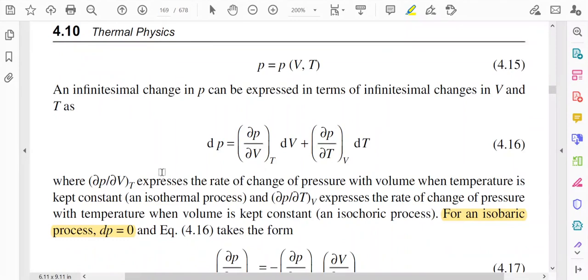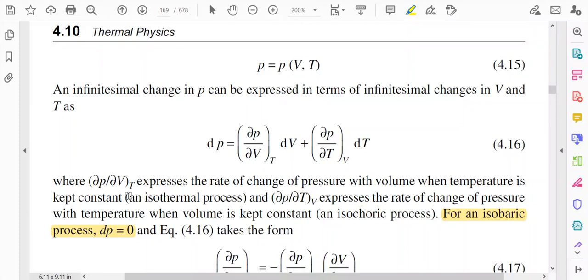In this equation, the parameter (∂P/∂V)_T expresses the rate of change of pressure with volume when temperature is kept constant. So what is (∂P/∂V)_T? This is the rate of change of pressure. You see in the numerator it is ∂P, in the denominator it is ∂V, and T is constant.